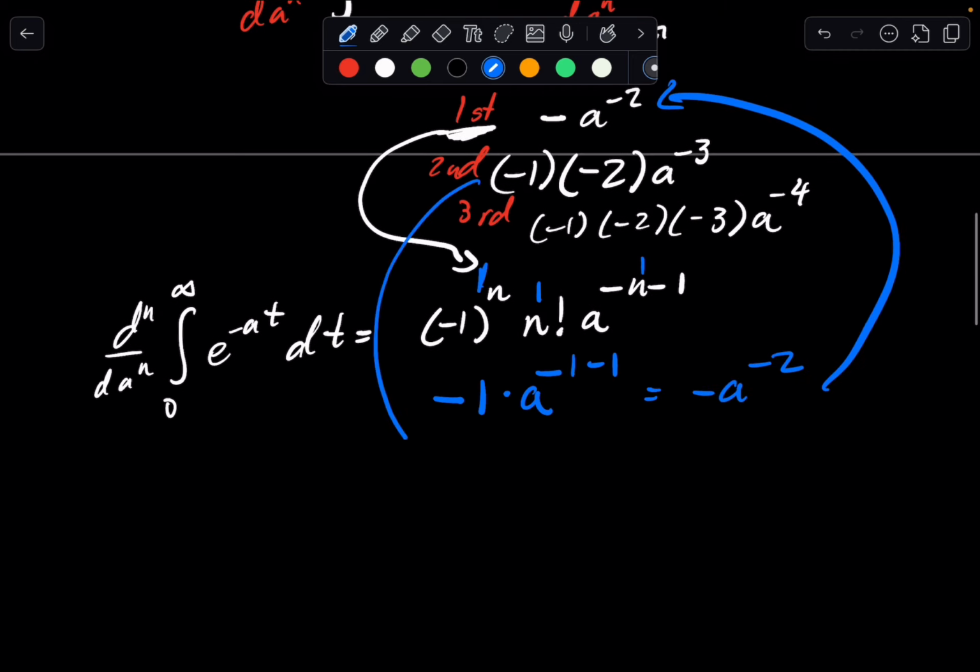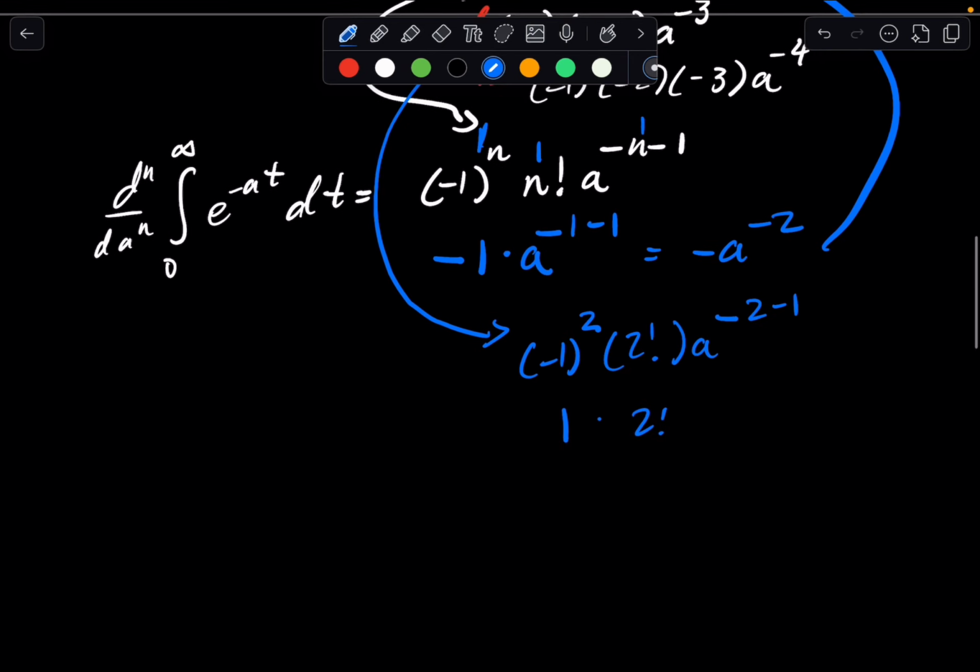Let's try for the second derivative. Then we get negative 1 squared, which is what this formula is telling us, times 2 factorial, and then times a to the negative 2 minus 1, because it's 1 less. This is always 1 less than the order of the derivative that I'm taking.